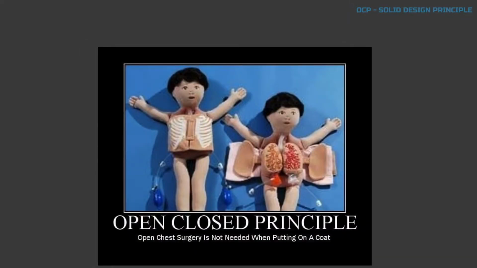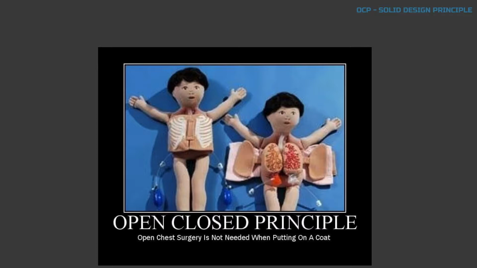This is an image which I've got from Google, and it explains the Open Close Principle in a very nice way. This slide demonstrates how the Open Close Principle can apply in a graphic notation. You can see in the picture, on the left side you have a guy and on the right side you have another guy.